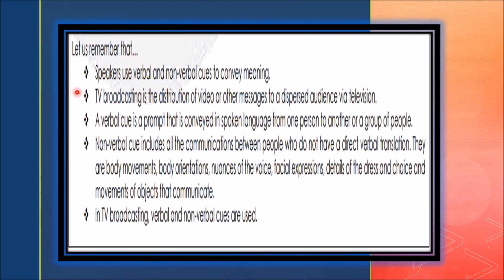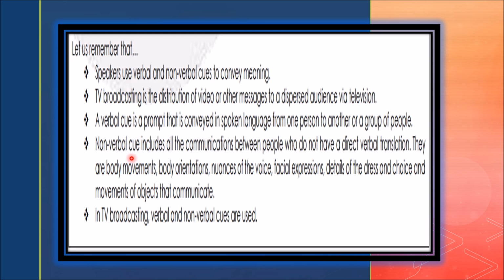Let us remember, speakers use verbal and nonverbal cues to convey meaning. TV broadcasting is the distribution of video or other messages to a dispersed audience via television. Then a verbal cue is a prompt that is conveyed in spoken language from one person to another or a group of people.